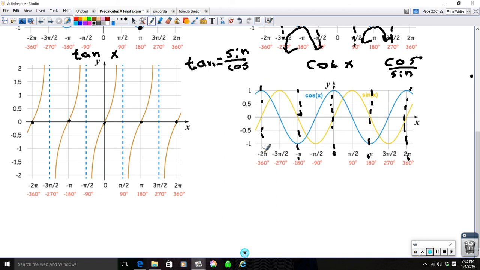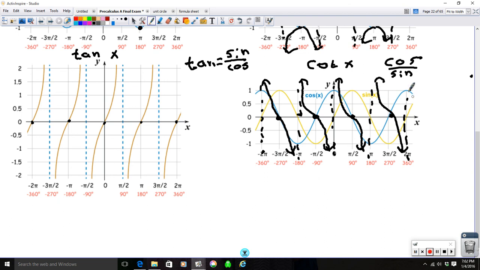And when our numerator, which is cosine, hits 0, that becomes our x-intercept. Then we draw a decreasing function for cotangent that approaches the asymptotes. So this is what cotangent looks like. It follows the same process as tangent, using the sine and cosine functions to determine those values.